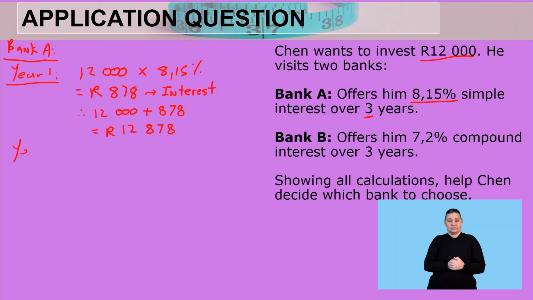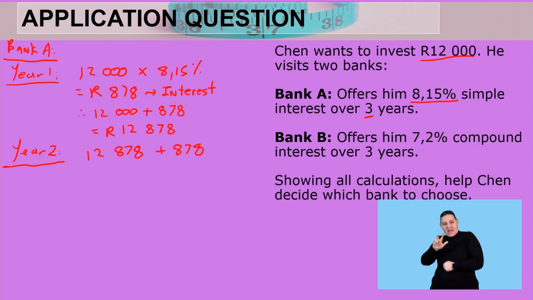So for year 2, we take the previous year's amount, 12,878 Rand. Again, we will add on 878 Rand because we are dealing with simple interest. And this gives me 13,756 Rand.